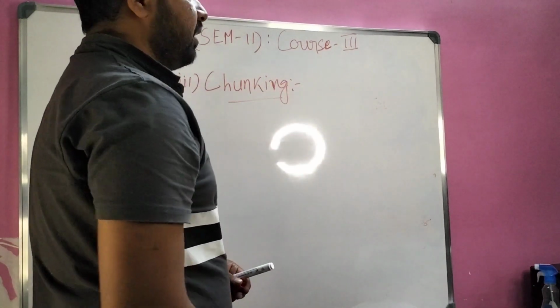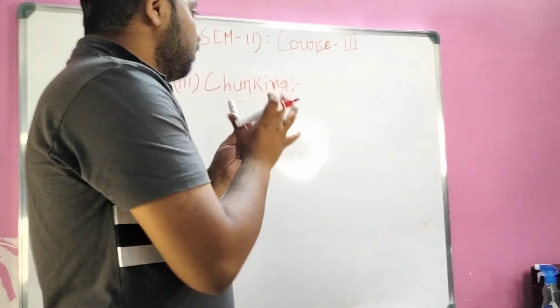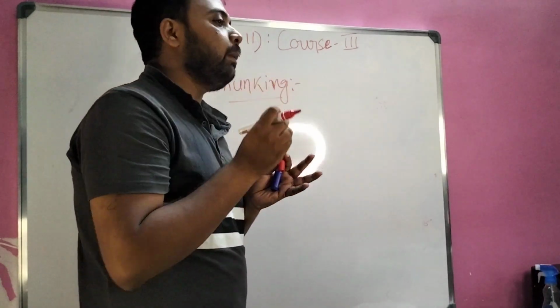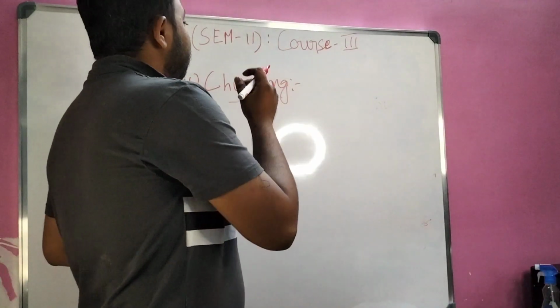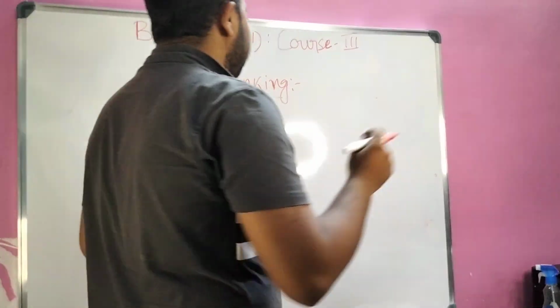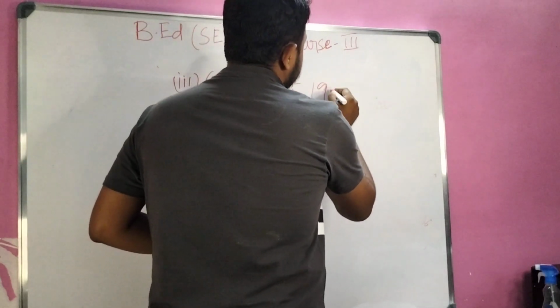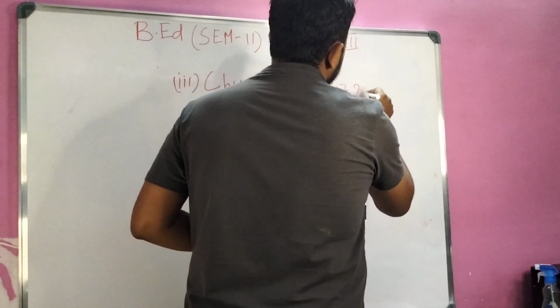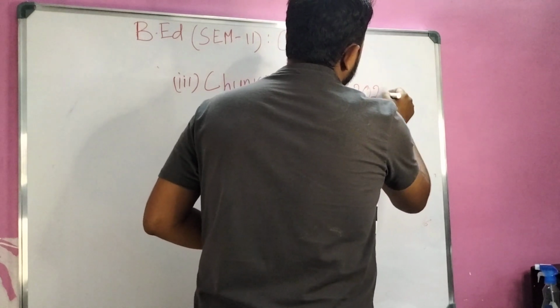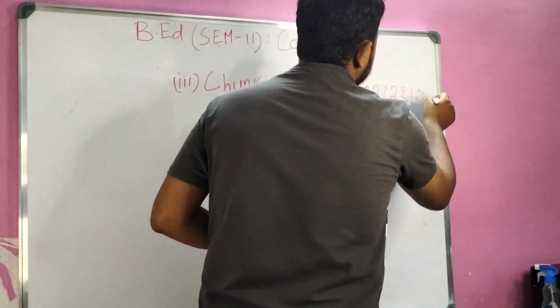So, what is a chunk? A chunk is a piece of words or letters or numbers that helps us easily remember the whole number. For example, we can see 194720212310.